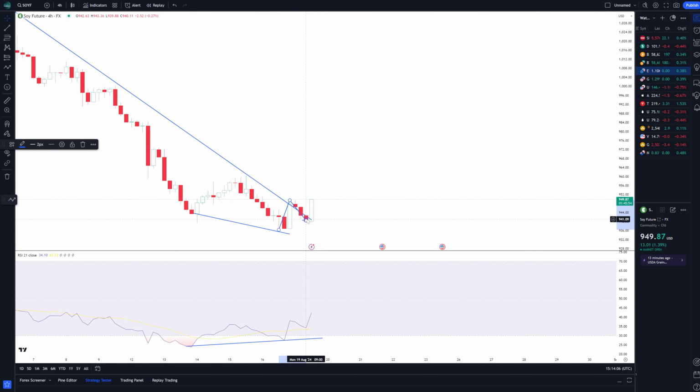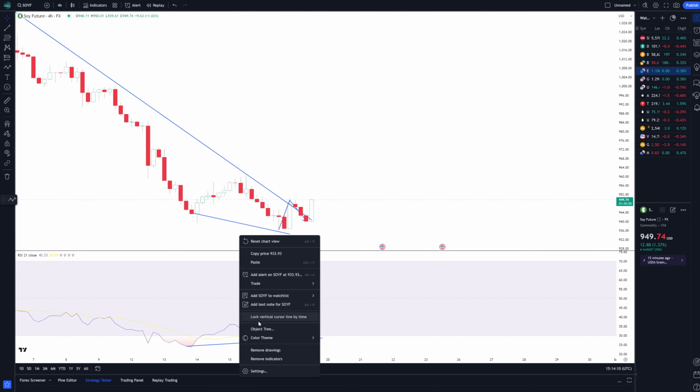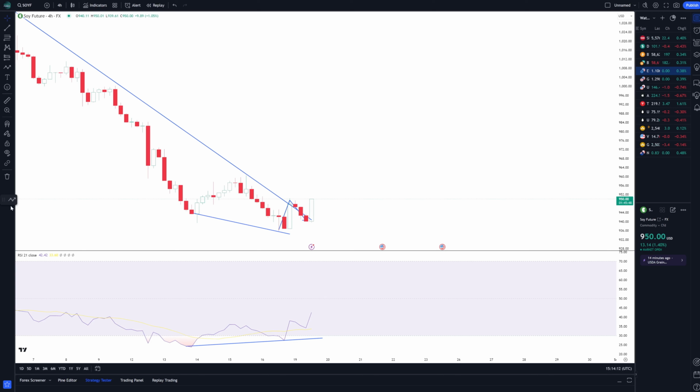Now that's a very bullish sign. Let me redraw this. It came here, broke out, retested, broke out again. So now this is very bullish.